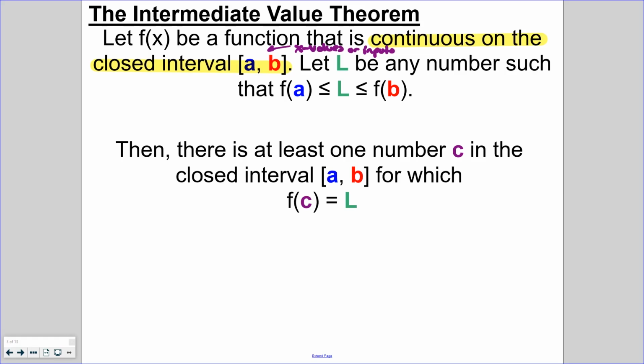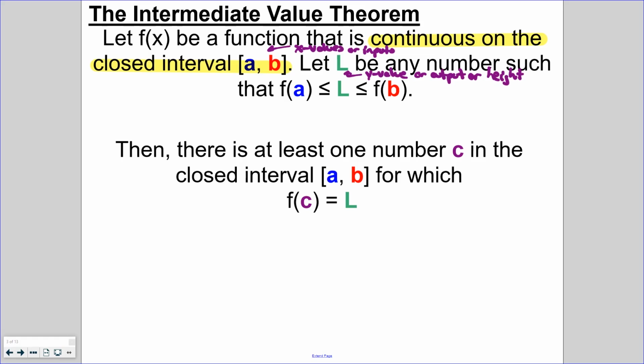Then we're going to let L be any number such that f of a is less than or equal to L, which is less than or equal to f of b. Well, since we're comparing L to f of a and f of b, we can say that L is our y value, or our output, or one could even say our height of our function.